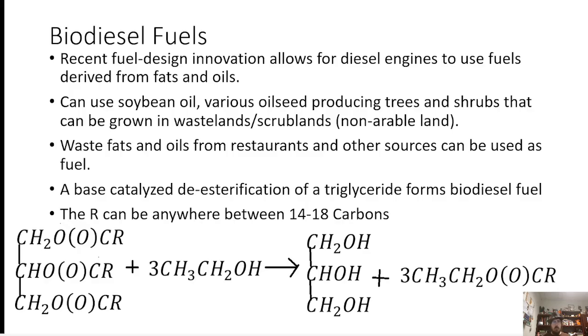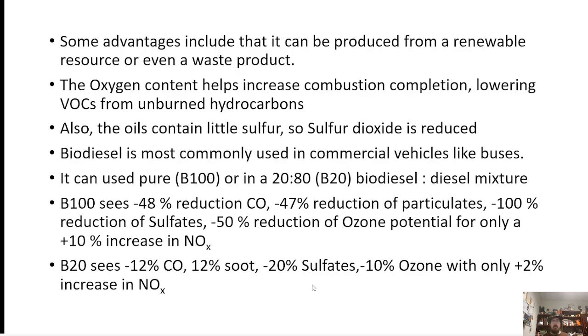Now, the carbon chains can be anywhere between 14 and 18 carbons, and we're removing this glycerol, which is what that is at that point. Some advantages are that it can be produced from renewable resources, even waste products. People will pay you to take their oil off their hands, and then you get fuel from it. It's great.